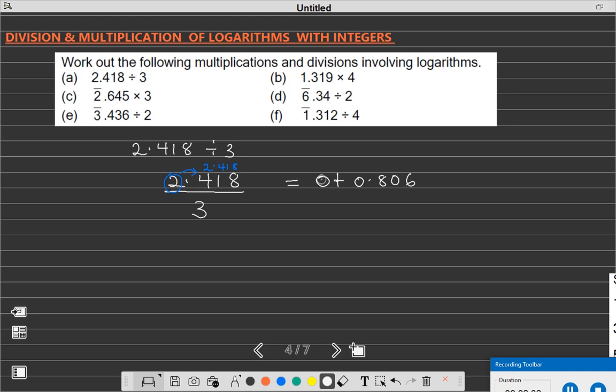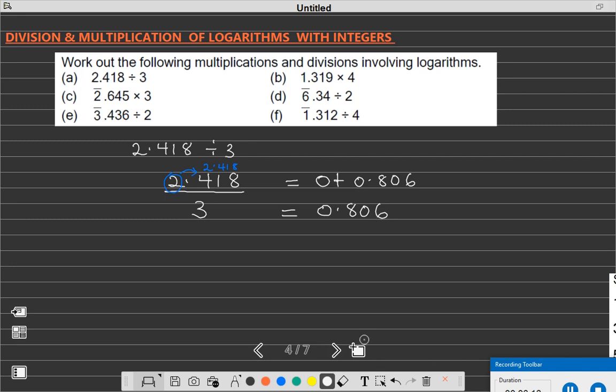This is the answer we got from the characteristic, because 3 does not go into the 2, so we just wrote 0. We carried the 2 onto the part of the mantissa, so we had 0.418, but now bringing this 2, it becomes 2.418. So divide all of that, the answer you get is for the mantissa. So 0 plus 0.806. So that is the first part.